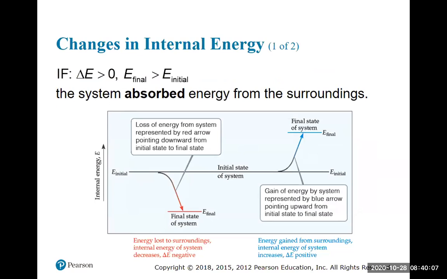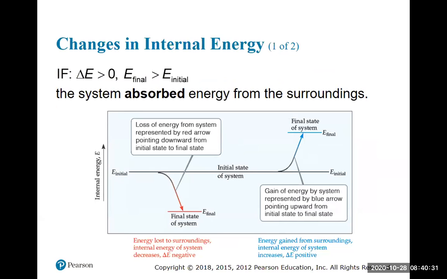If delta E is greater than 0, so in other words, positive, then that tells us the system is absorbing energy. So if it's absorbing energy, is that endothermic or exothermic? Endothermic, right. So "into" is how I think of that.